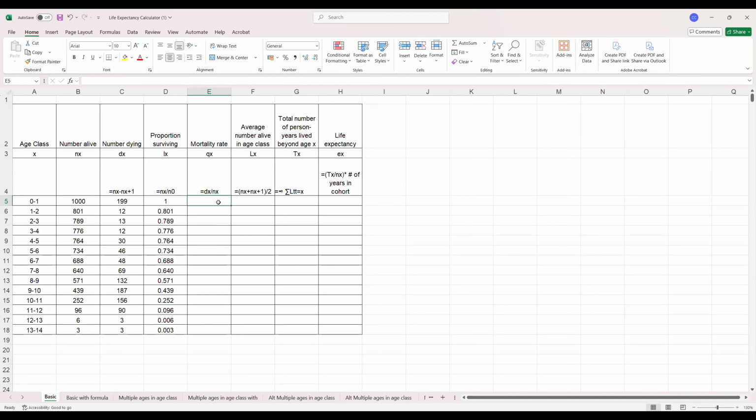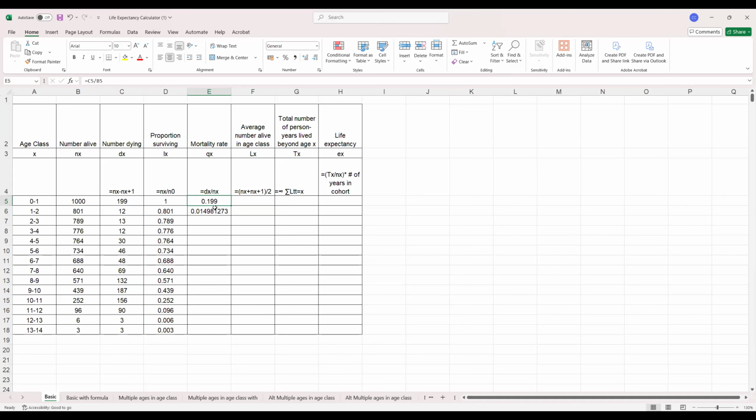Now, for mortality rate, it's the number of individuals who died from that age class. So, D sub x divided by its counterpart, N sub x. So, this one is more relative. It doesn't go back to the original cohort. So, D sub x divided by N sub x. So, 12 out of the 801 who lived are those who died.